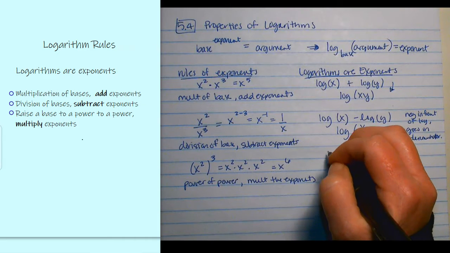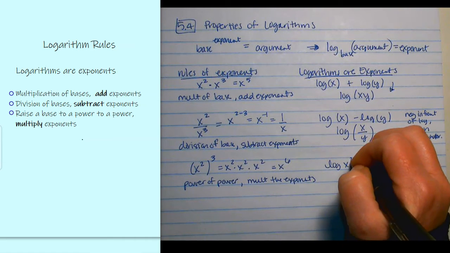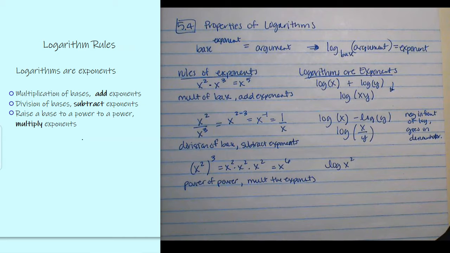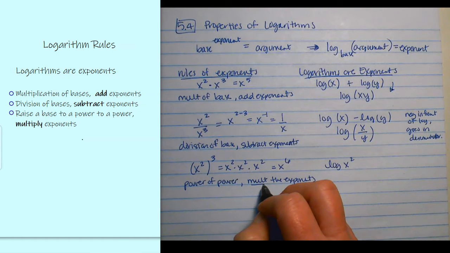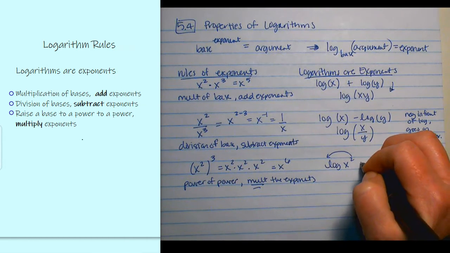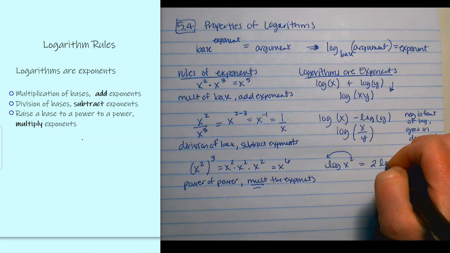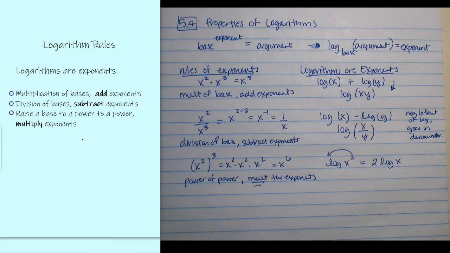We're going to say that if we have log of x squared, then this is power of a power, and so we're going to multiply. And so what I like to do is draw my rainbow backwards. This is equivalent to 2 times the log of x. And we're going to work some math so you can see how this all works out. But these rules all go together because logarithms are exponents.